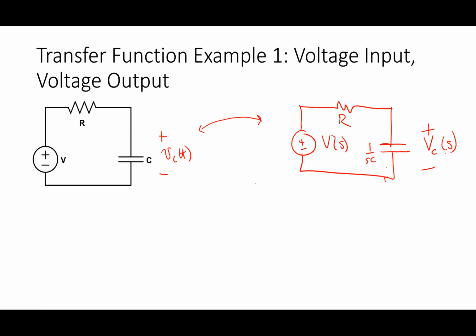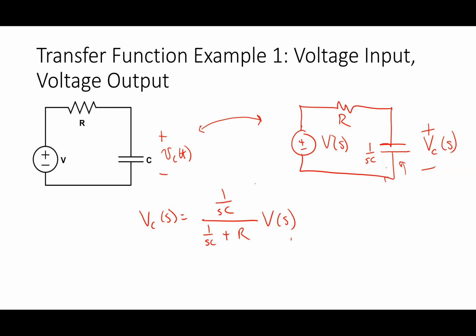All right, so what I do is I use the voltage divider relationship here, and I say that V sub C of S is equal to 1 over SC, the impedance here, over 1 over SC plus R, times the Laplace transform of the input.